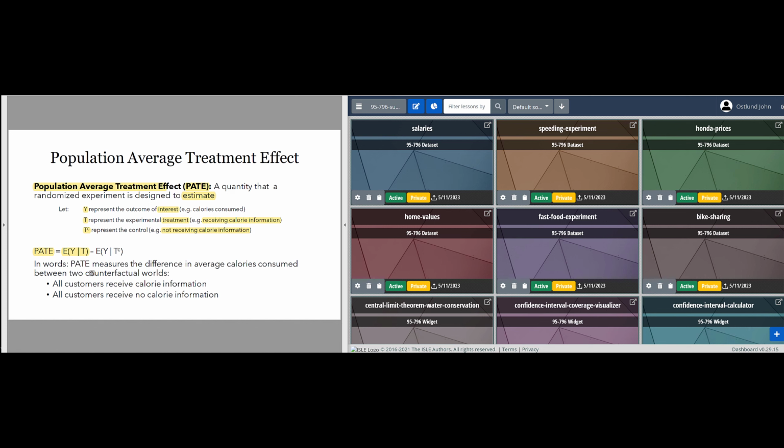Now, because these sets are people who did receive treatment or people who did not receive treatment, these are referred to as counterfactual groups or counterfactual worlds. If we can imagine a world of people who didn't receive treatment versus a world of people who did receive treatment, and our samples are representative of those worlds.